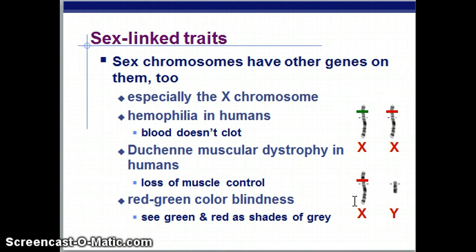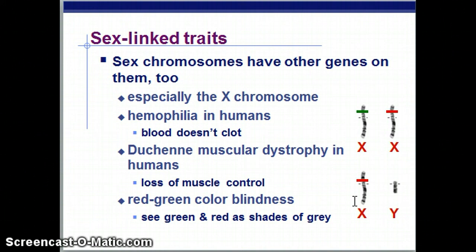Duchenne's muscular dystrophy is the loss of muscle control. Affected individuals rarely live past their early 20s. And this disorder is actually because of the absence of an X-linked gene that codes for key muscle proteins.